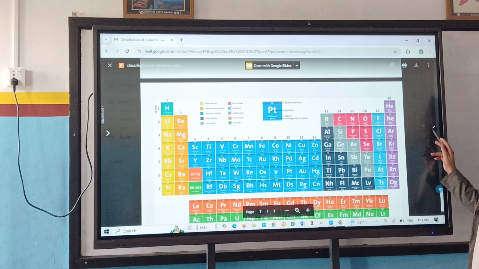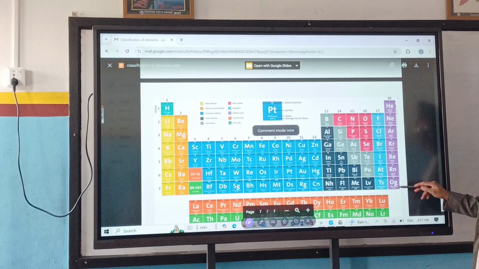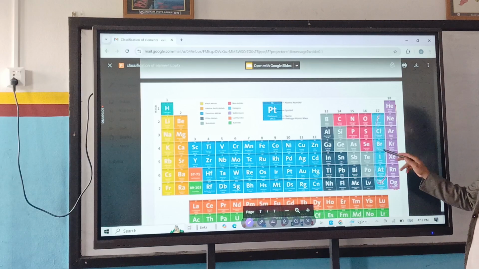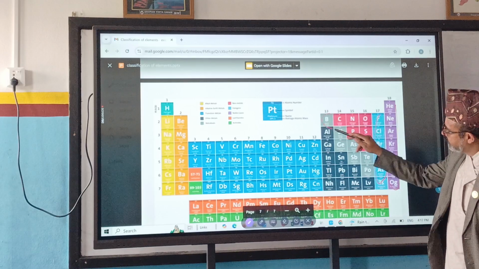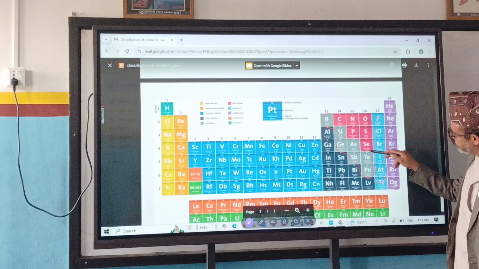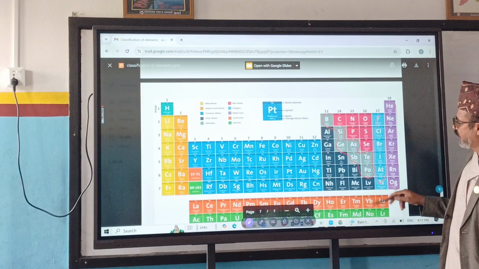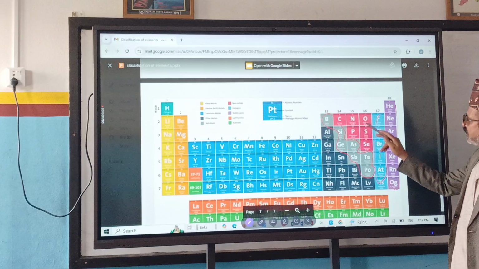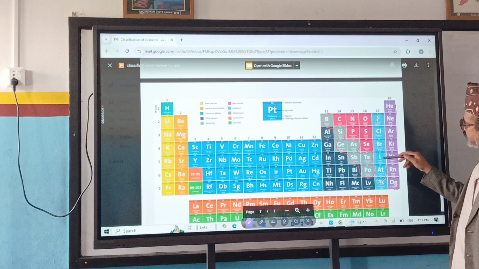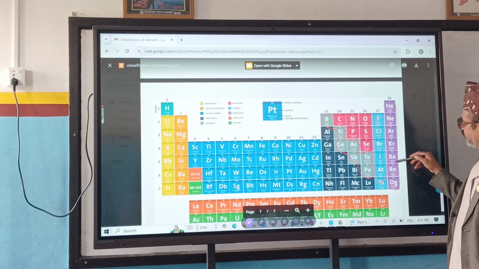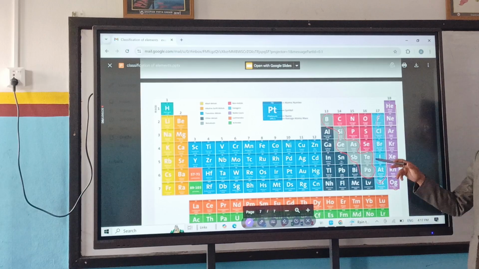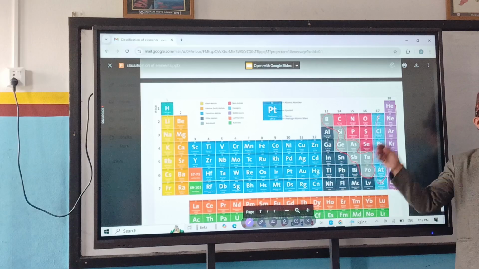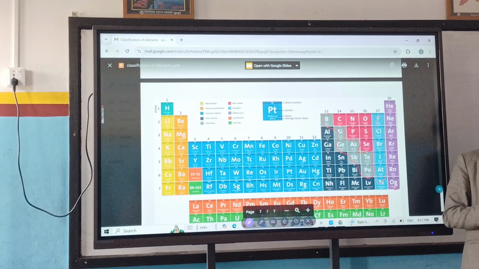These all are non-metals, and these are metalloids. How many metals are here? 1, 2, 3, 4, 5, 6, 7. The rest are metals, apart from the metalloids and non-metals.